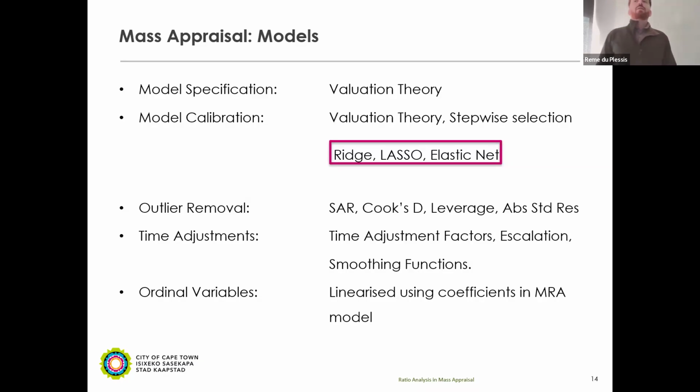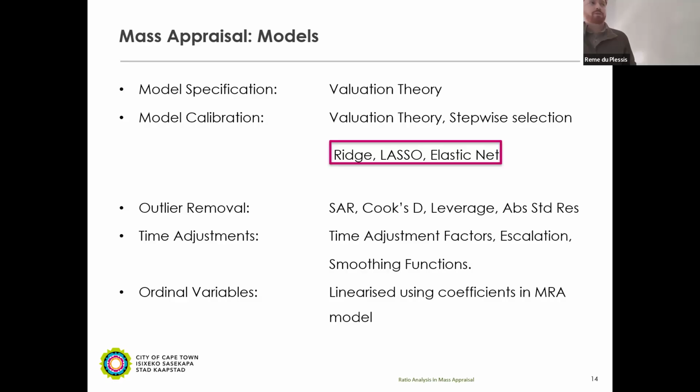However, we need to ensure that certain variables have a certain sign, because it does not make sense for your property to be valued lower because you have a swimming pool, for instance. So we are forced to semi-supervise it as it goes through to ensure that we do not pick up on spurious relationships.